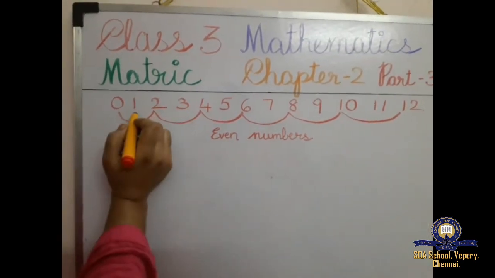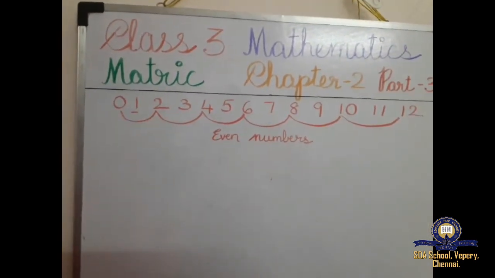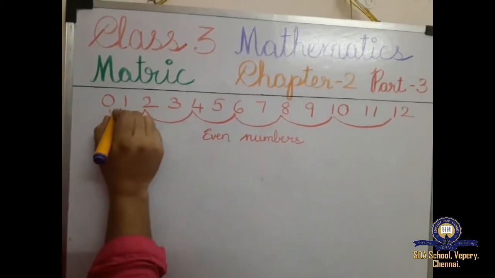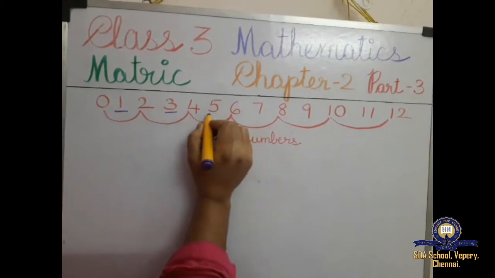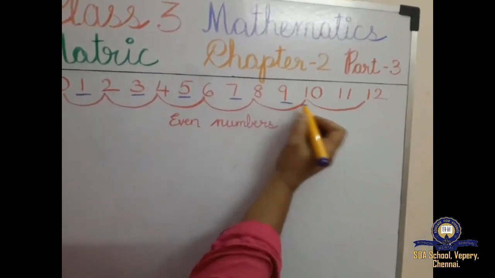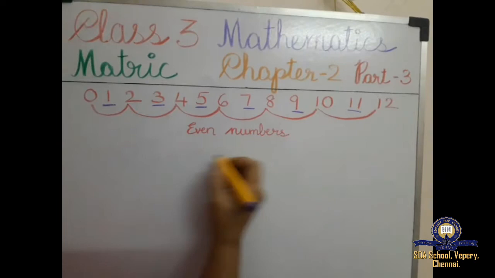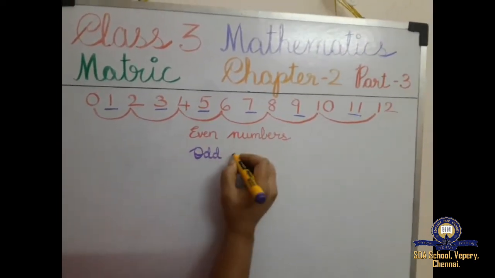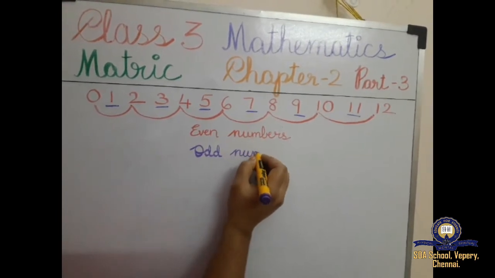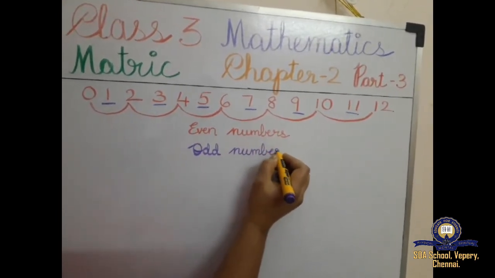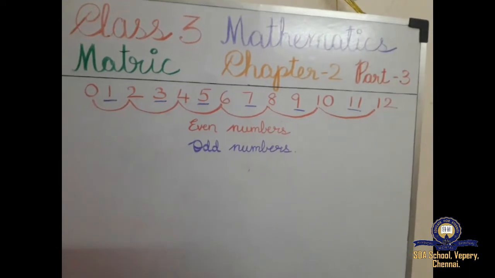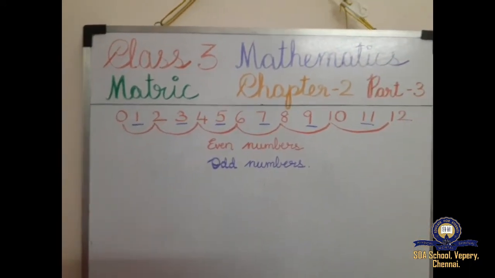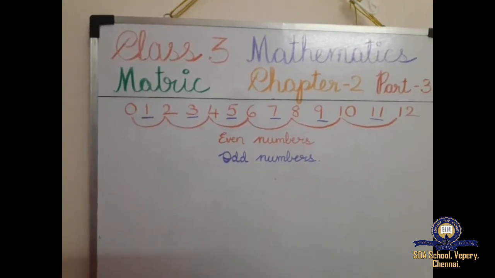Now the rest of the numbers: 1, 3, 5, 7, 9 and 11 are odd numbers. Right? So now you know how to identify even numbers and odd numbers, right?